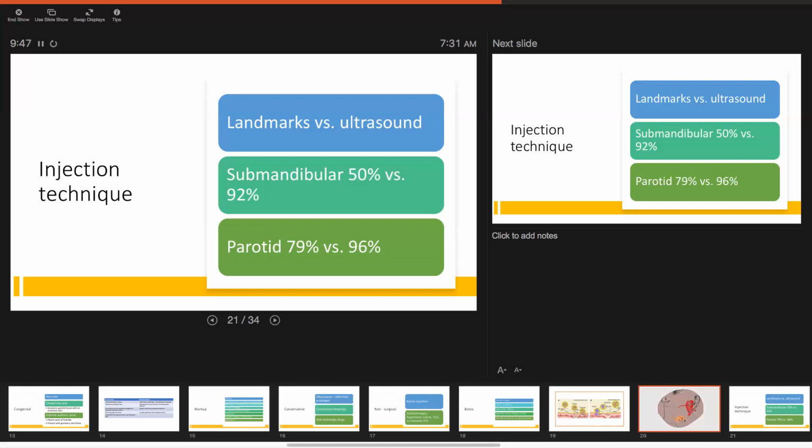For the parotid, using landmarks, 79% ended up in the gland versus 96% using ultrasound. The adverse effects of missing the gland with a parotid injection are not as severe as with the submandibular, because with the submandibular there's extravasation to the laryngeal muscles. They can have dysphagia until the injection wears off.